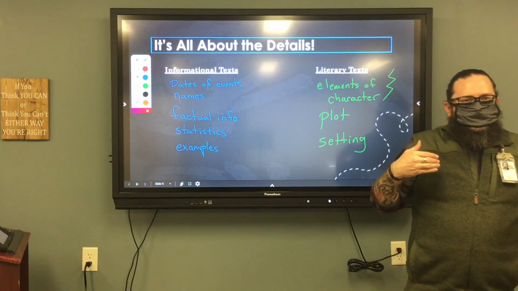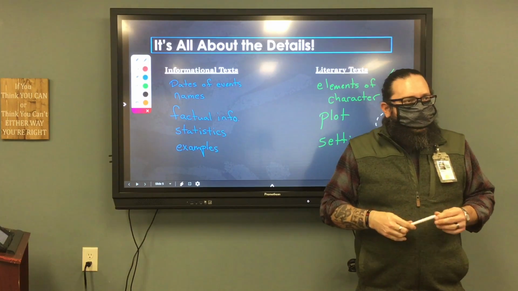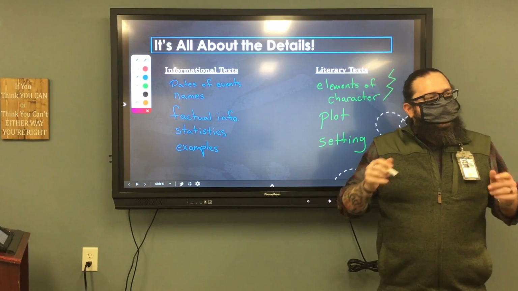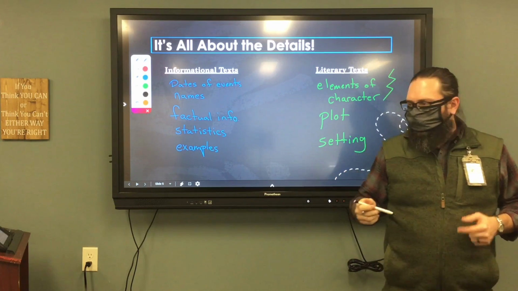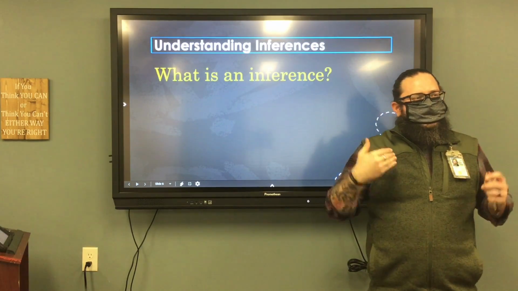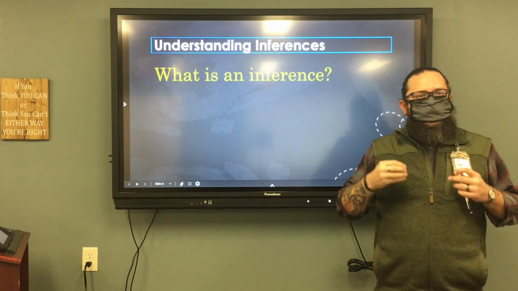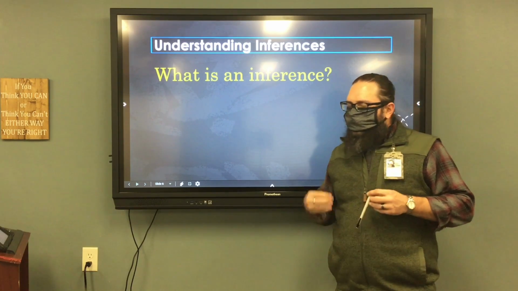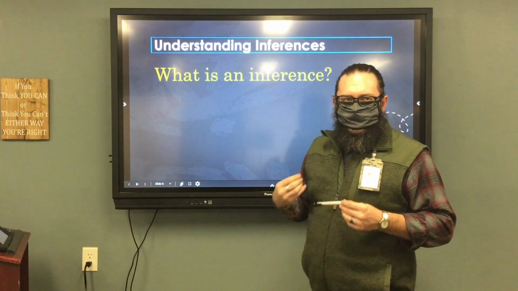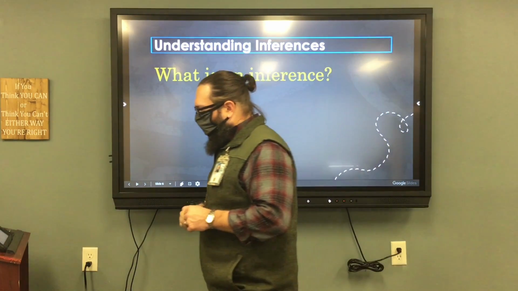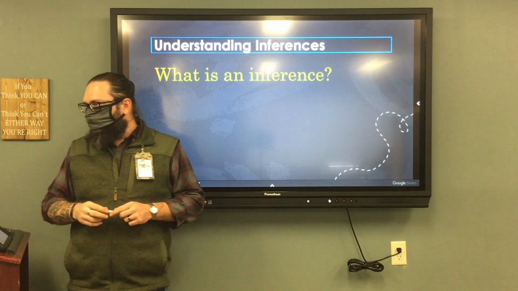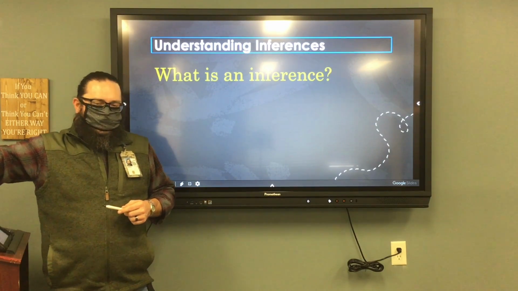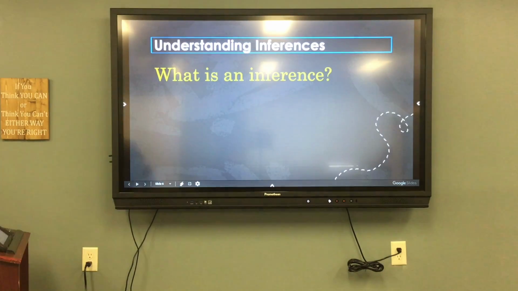Depending on the type of text that you are using is going to determine what types of details you need to look for. We can take these details and use them to make an inference. Who can tell me what an inference is? It's like a guess. You got it. Good job.